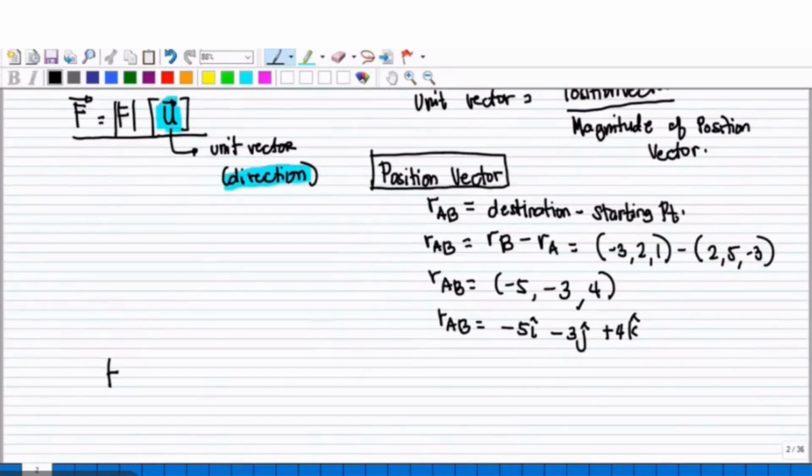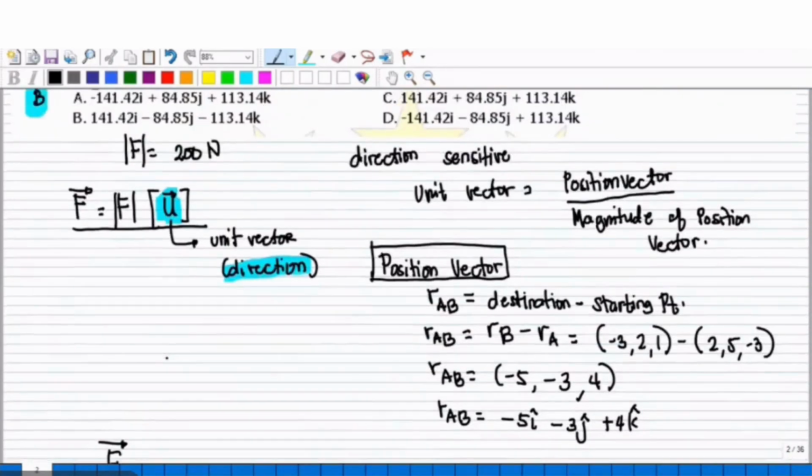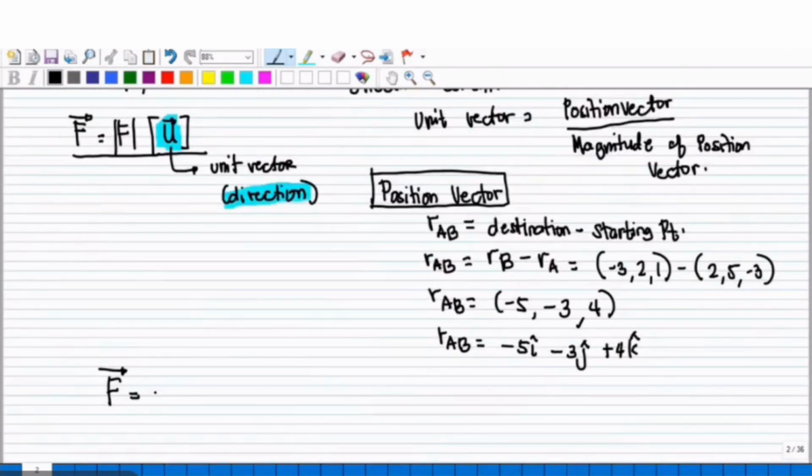Okay? So, your force or force vector will be equal to the magnitude. Okay? Yung magnitude ng vector mo, so this is 200. Multiplied by the quantity, the unit vector. But what is your unit vector? This is position vector over the magnitude of your position vector. Okay, ano po yung position vector natin?